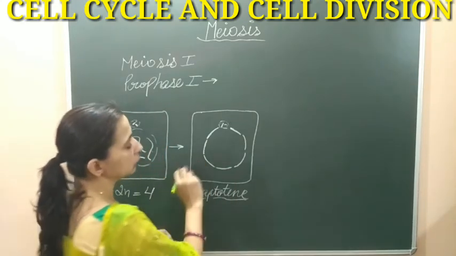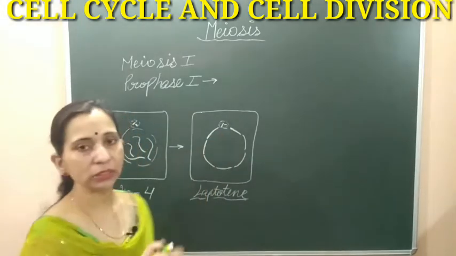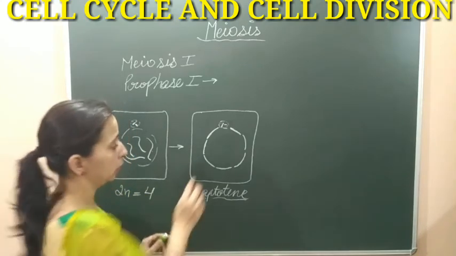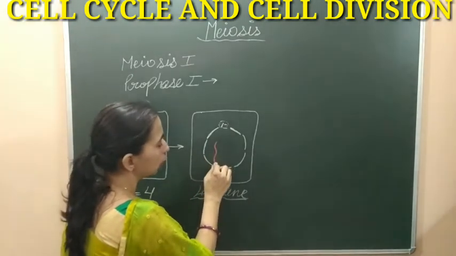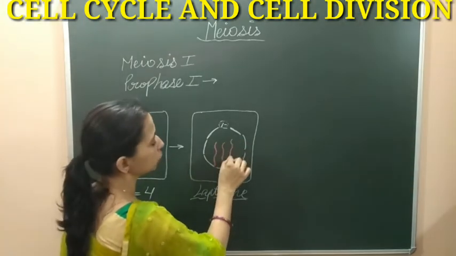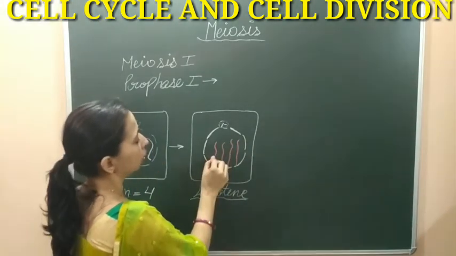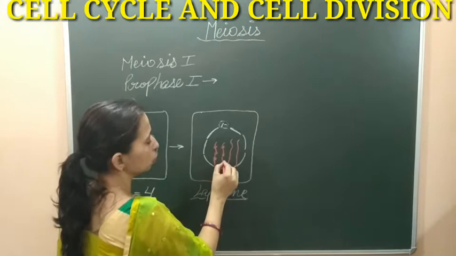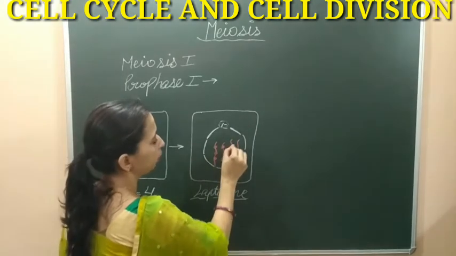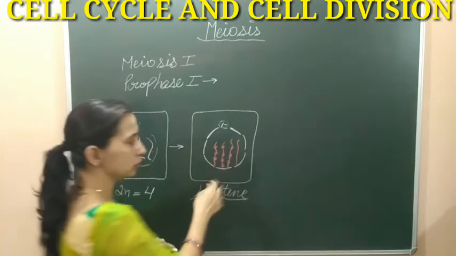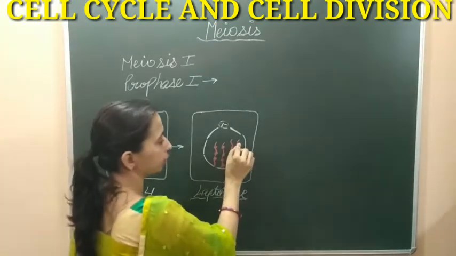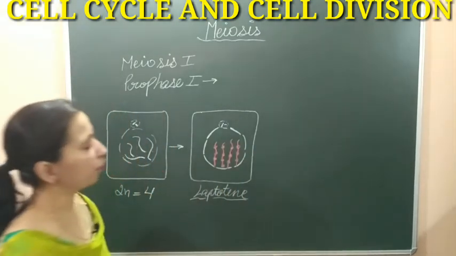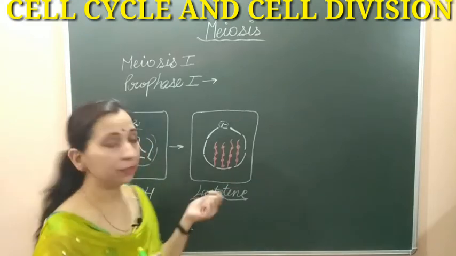But one interesting thing happens: this condensation is not regular. It happens at some places and not at others, so we can see a beaded structure. The condensation happens, but it is not regular condensation, and finally we get a structure which we can call a beaded structure.